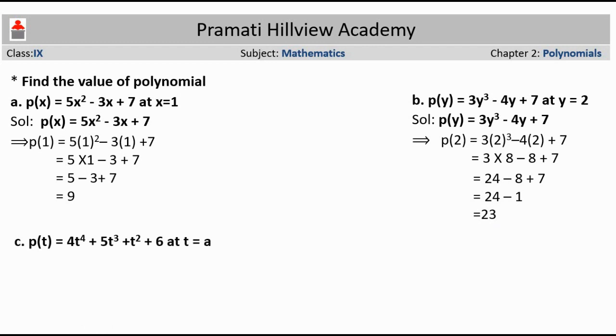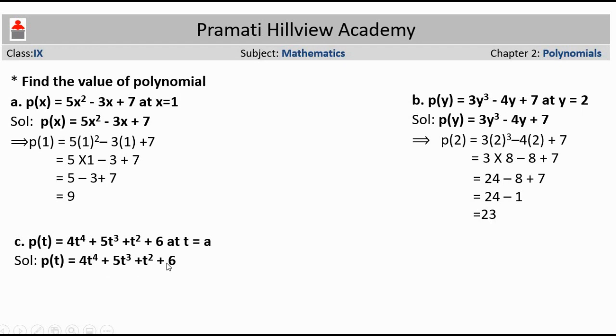Let's consider another problem. P of t equals 4t raised to 4 plus 5t cube plus t square plus 6 at t equals a. Solution. P of t equals 4 into t raised to 4 plus 5t cube plus t square plus 6.